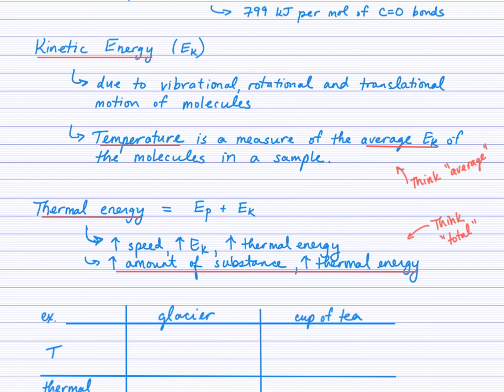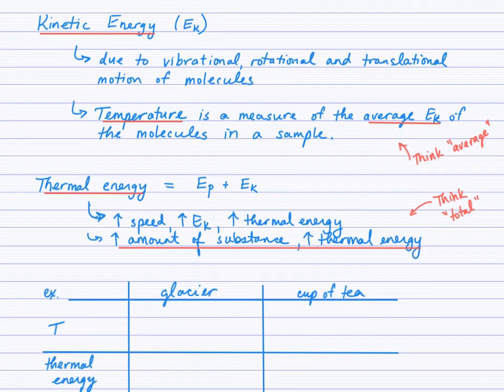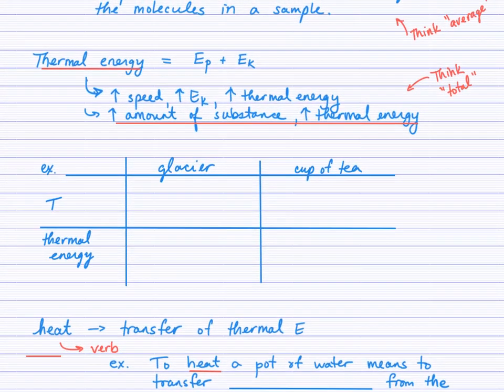But even more significantly, think about if you have more of a substance. If you have more substance, then you're increasing the total energy of that sample. And so that will increase the thermal energy. So as I've indicated here in red, for temperature, think average. For thermal, think total.